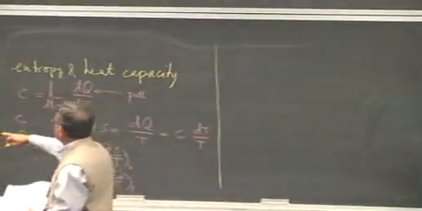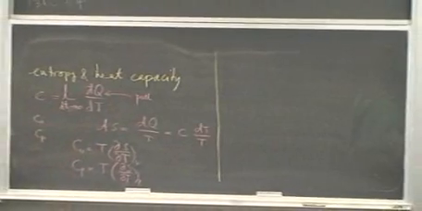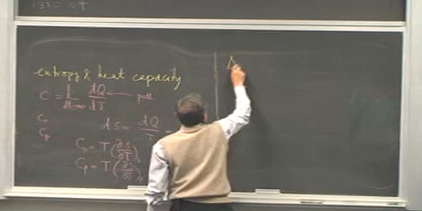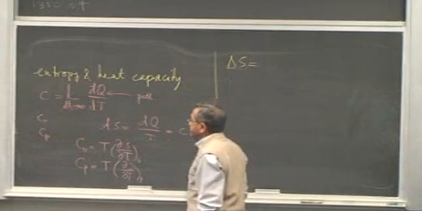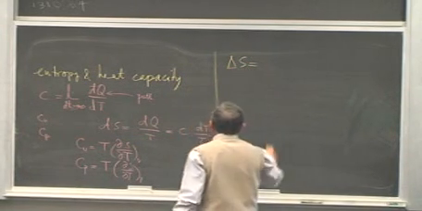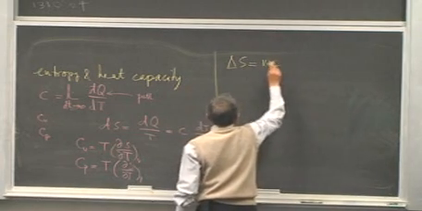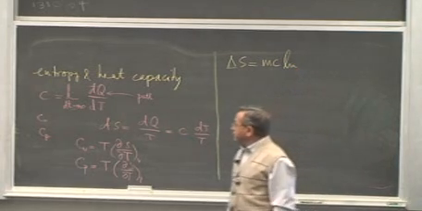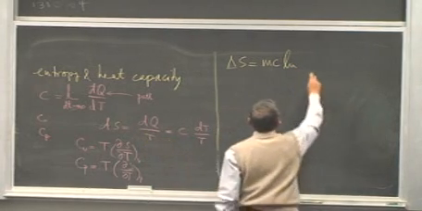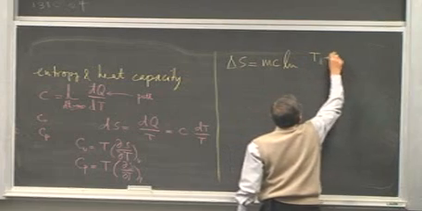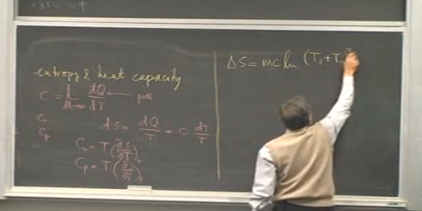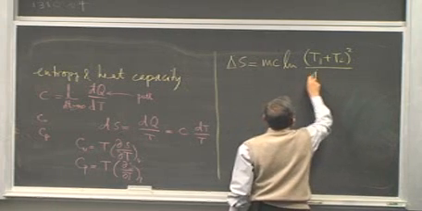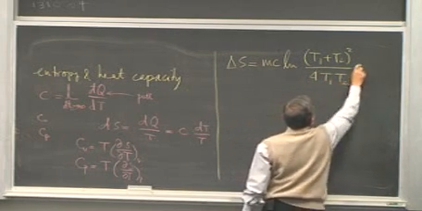Now, I will use that in the expression over here. So the change in total entropy of the system is m times C times log of Te squared, which is (T1 plus T2) whole squared divided by 4 T1 T2.